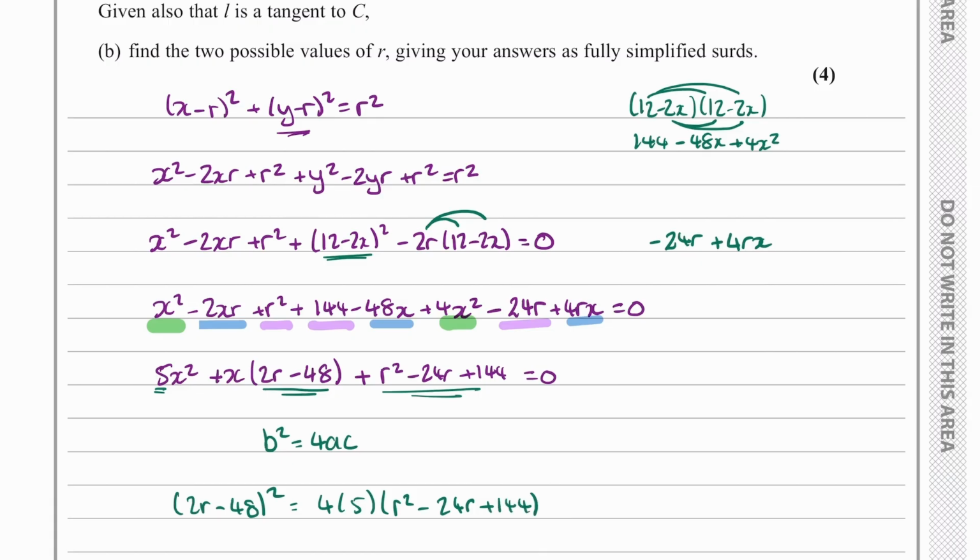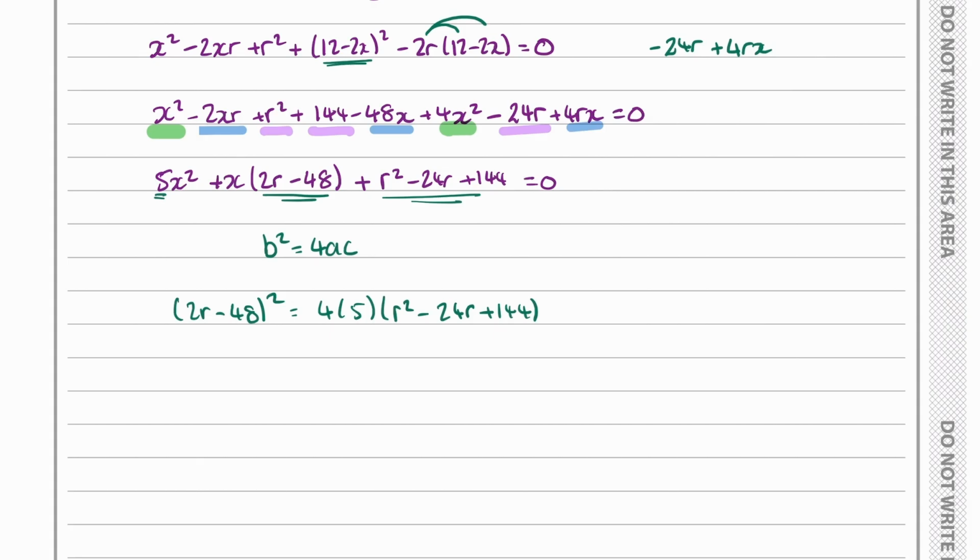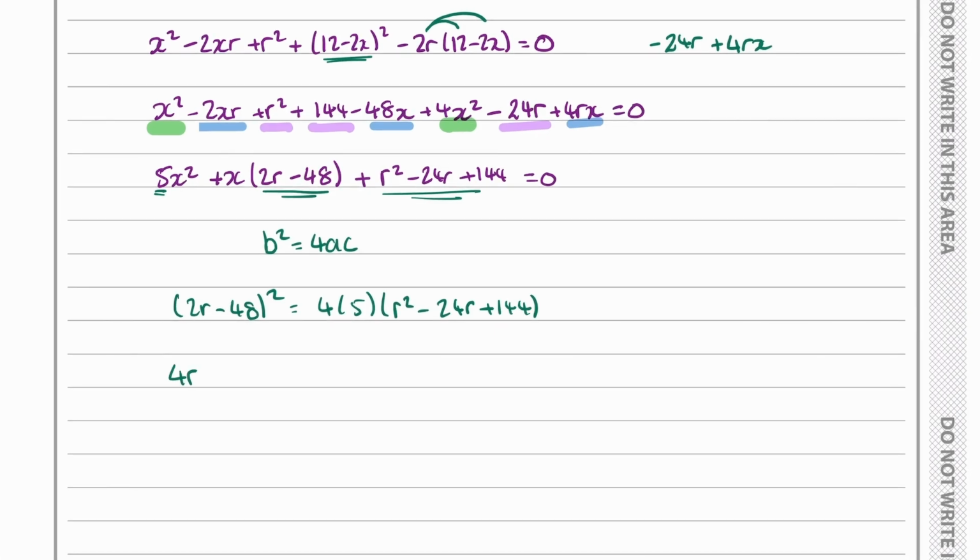We'll expand out all the brackets. So we'll get 4r squared minus 192r plus 2,304. This is when we expand out this quadratic here. And this will equal the 20r squared minus 480r plus the 2,880.